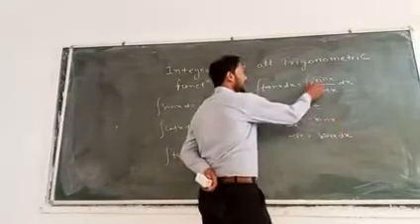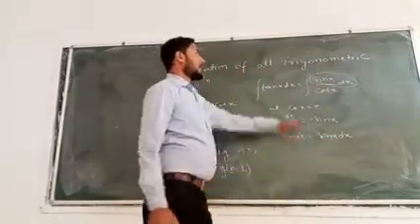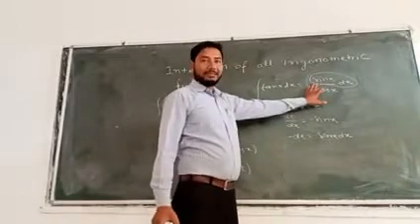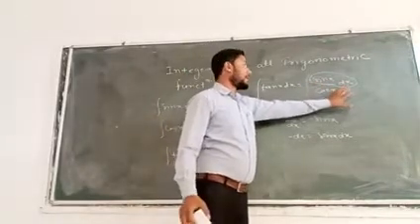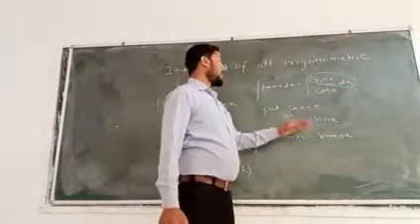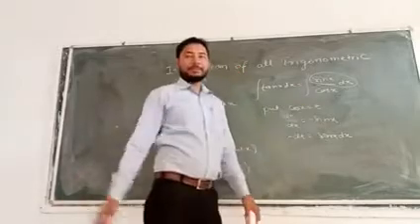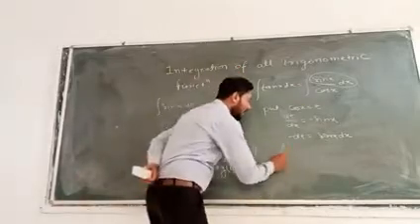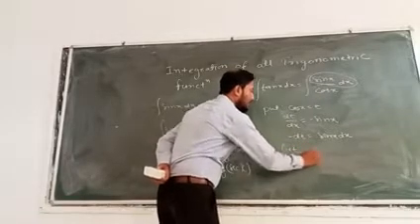Now we can see the numerator of the expression is sin x dx. That can be converted in the form of minus dt, and we also put cos x equal to t. Then the whole expression will convert to the form of dt upon t.